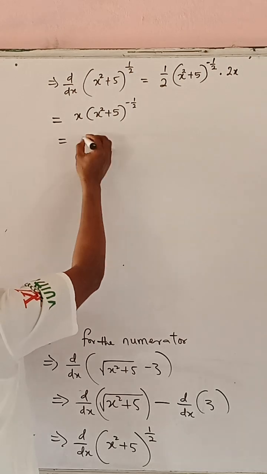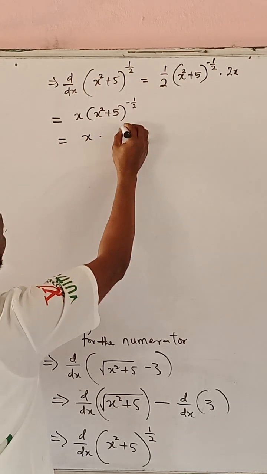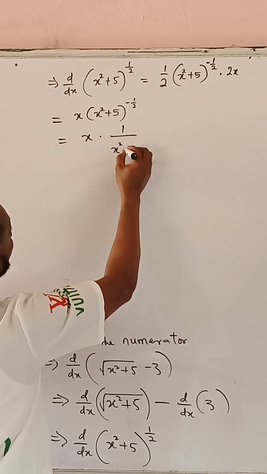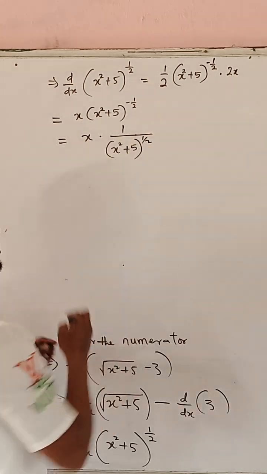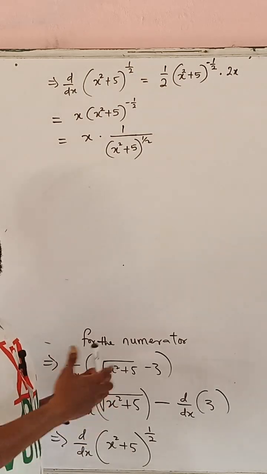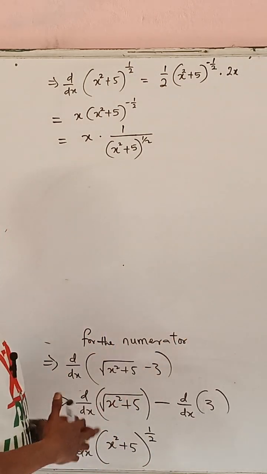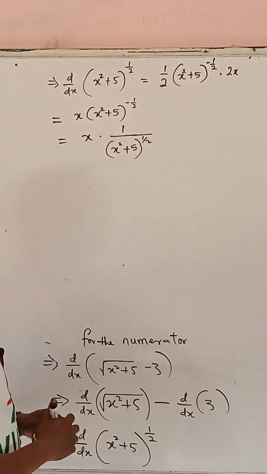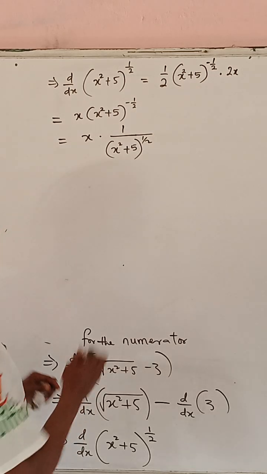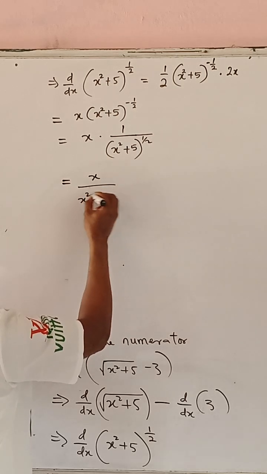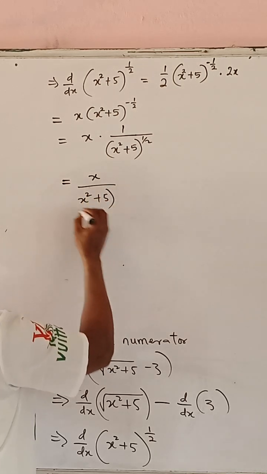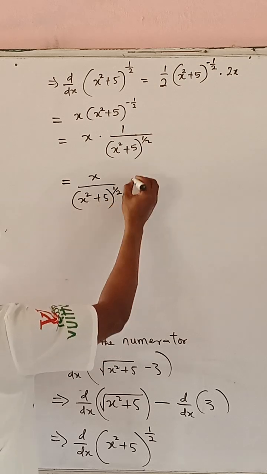That becomes x multiplied by 1 all over x squared plus 5, all raised to the power of half. The inverse law of indices states that if you have a negative exponent, you take the reciprocal of the positive exponent. So this is going to give us x divided by x squared plus 5 raised to the power of half.